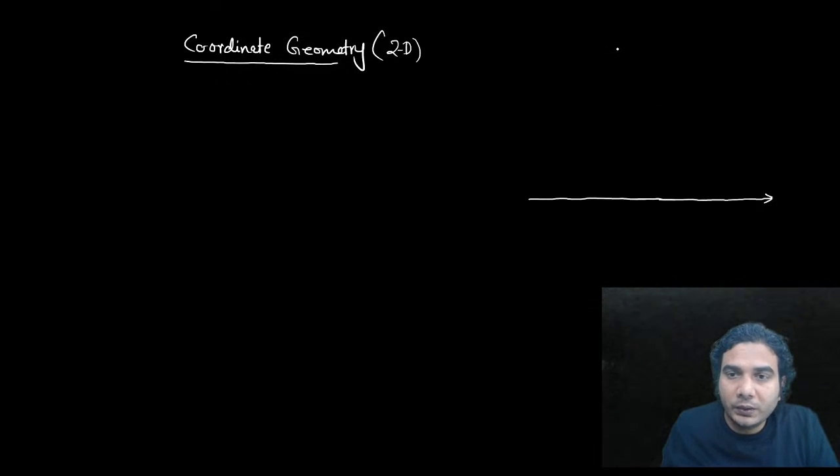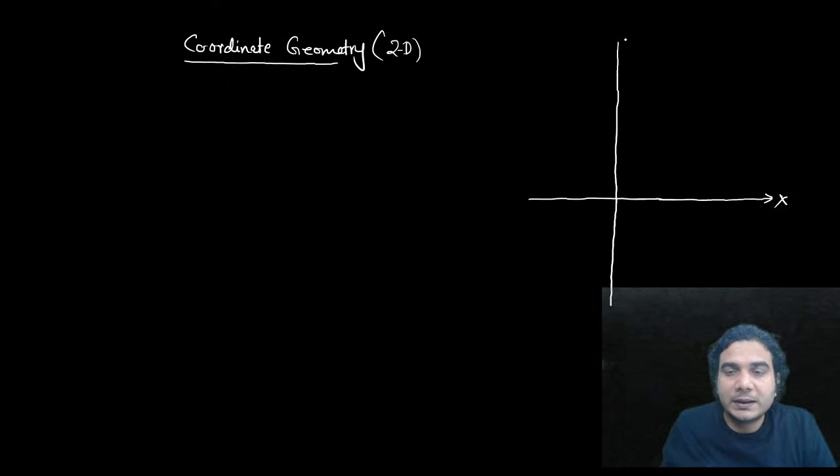So in 2D you have 2 dimensions, and here in our syllabus we are taking the rectangular system. Rectangular means we are taking 2 directions which are perpendicular to each other. So the other direction we are taking perpendicular to x.